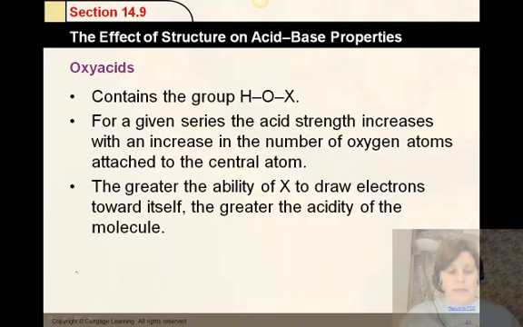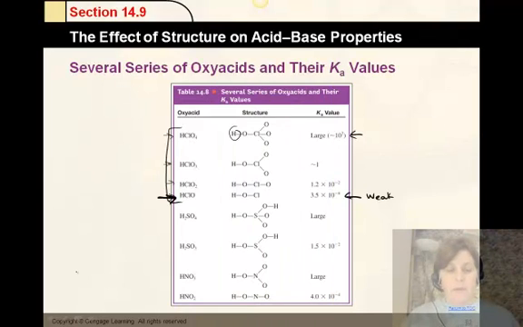Remember, it says the greater the ability of X to draw electrons towards itself, the greater the acidity of the molecule. So, again, X in this first group would be chlorine, and then sulfur, and then nitrogen. So the better the ability of those atoms to draw electrons towards itself, the stronger the acid.